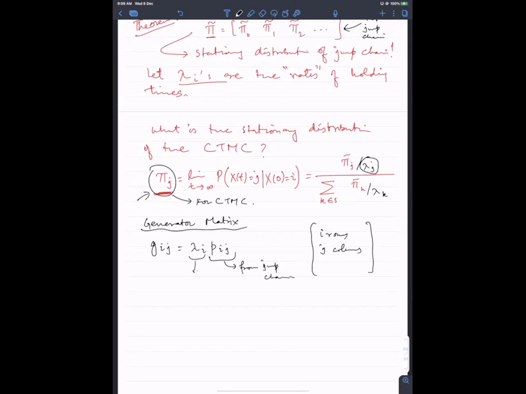Lambda I is the rate of holding times. उसको हम Gij से denote कर देते हैं.